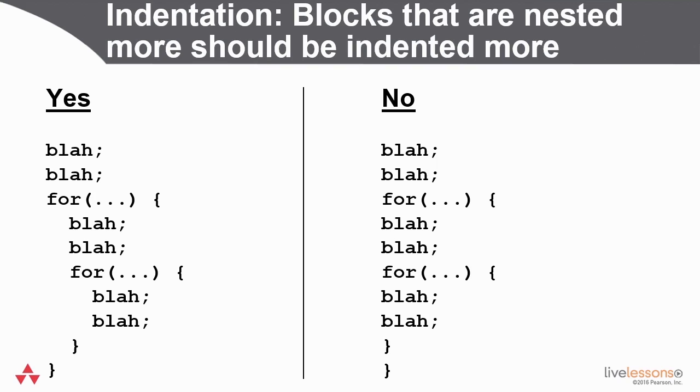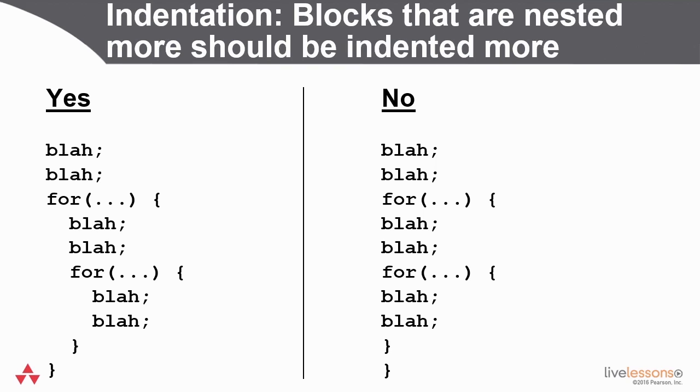All right, the next issue is how to organize code within a method. And the indentation, how you align things, is actually almost as important as how you write the code itself. Because when someone comes along later and maintains your code, they are not going to act as if they're a Java compiler and walk through and find all the curly braces and try to figure out which one is inside.